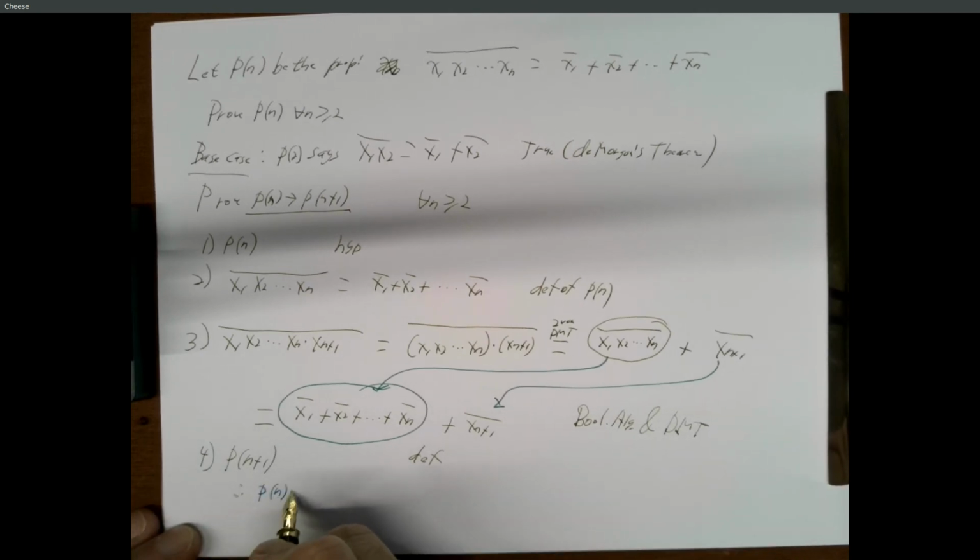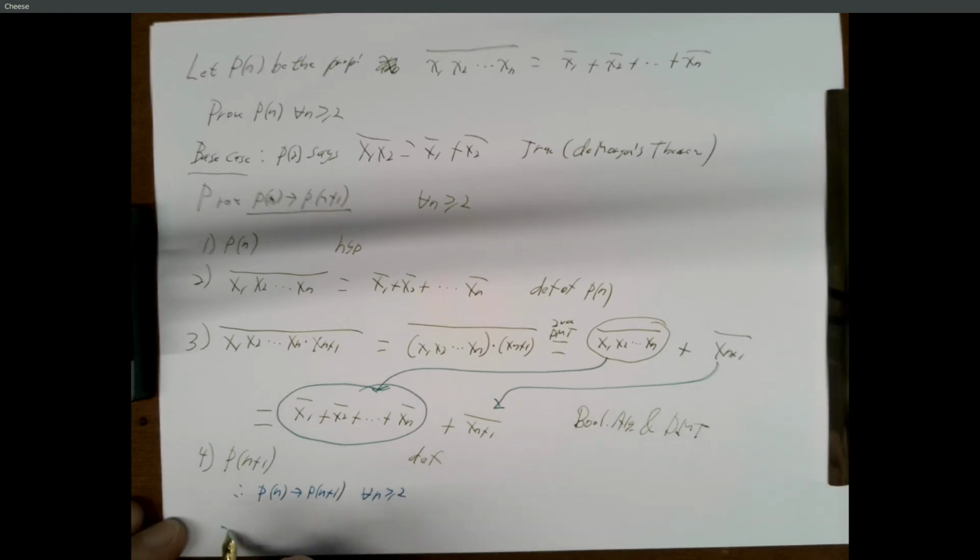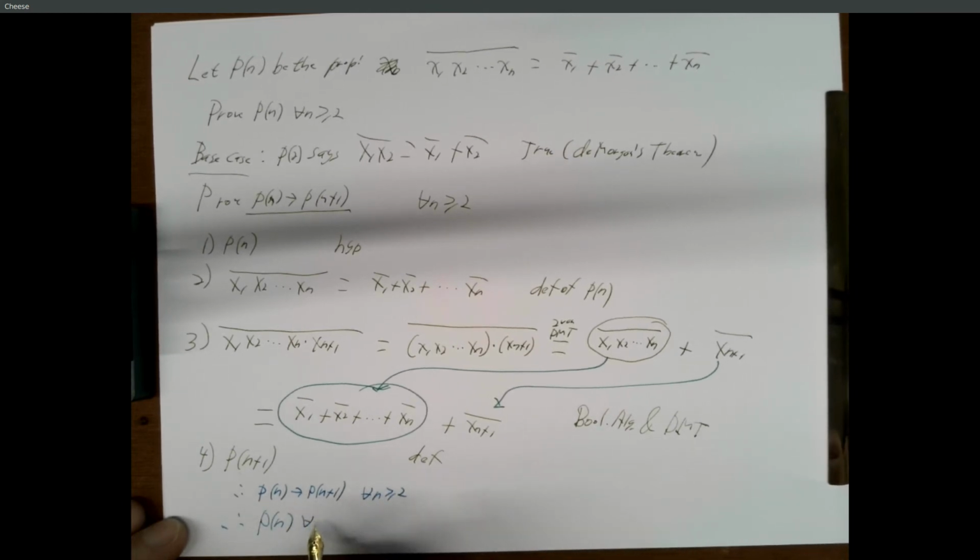So P of n implies P of n plus 1 for all n bigger than or equal to 2. Therefore, P of n for all n bigger than or equal to 2. That's mathematical induction. That's what we were trying to show. So if you can work something in particular cases, induction might let you generalize it to all cases. That's sort of the punchline.